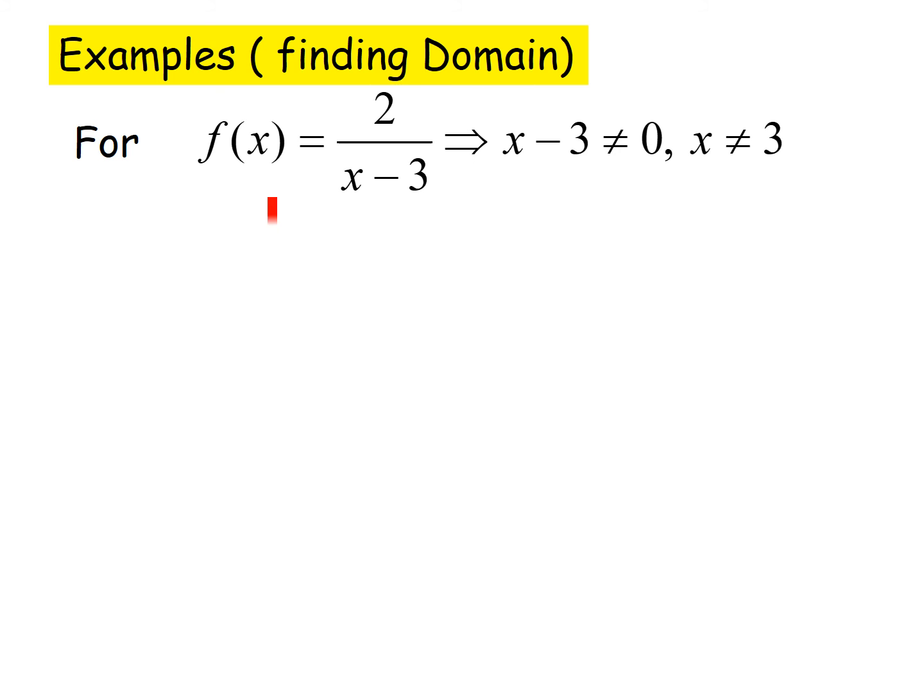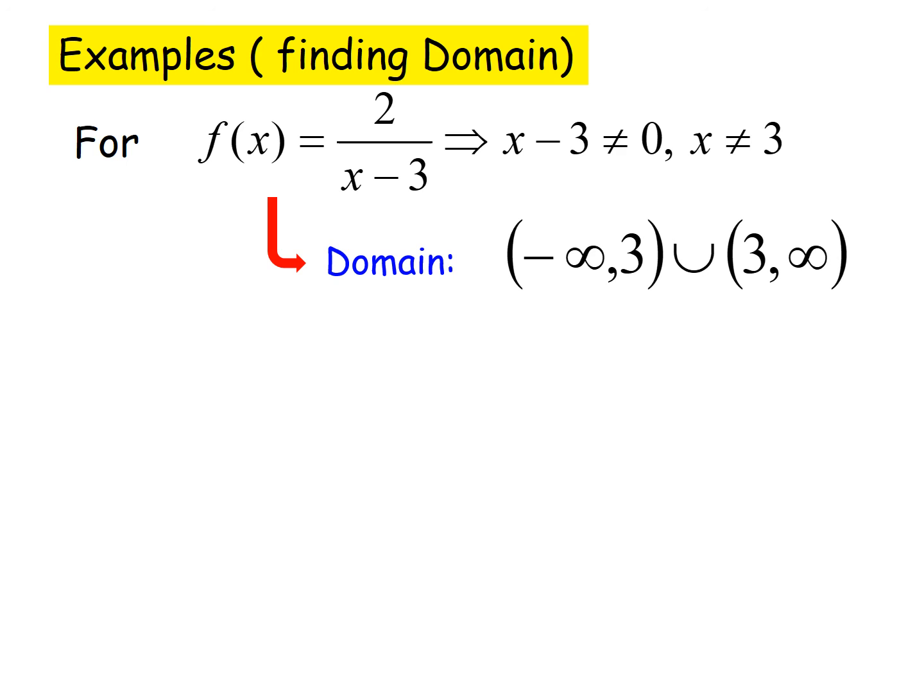Therefore, the domain is negative infinity to 3 union 3 to infinity. This means the values of x are all real numbers except 3.